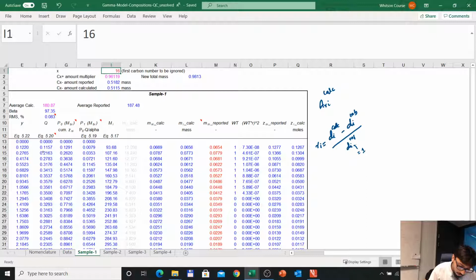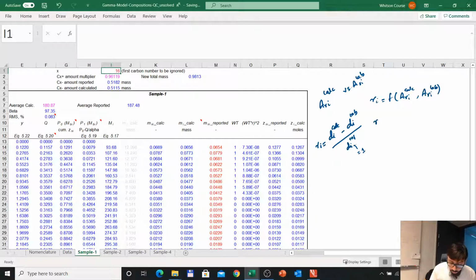calculated versus the ARI lab value. Now if we define a residual based on these two numbers here, calculated and lab value, we know that the relative areas are just the area of each component divided by the sum of all areas until x minus 1.